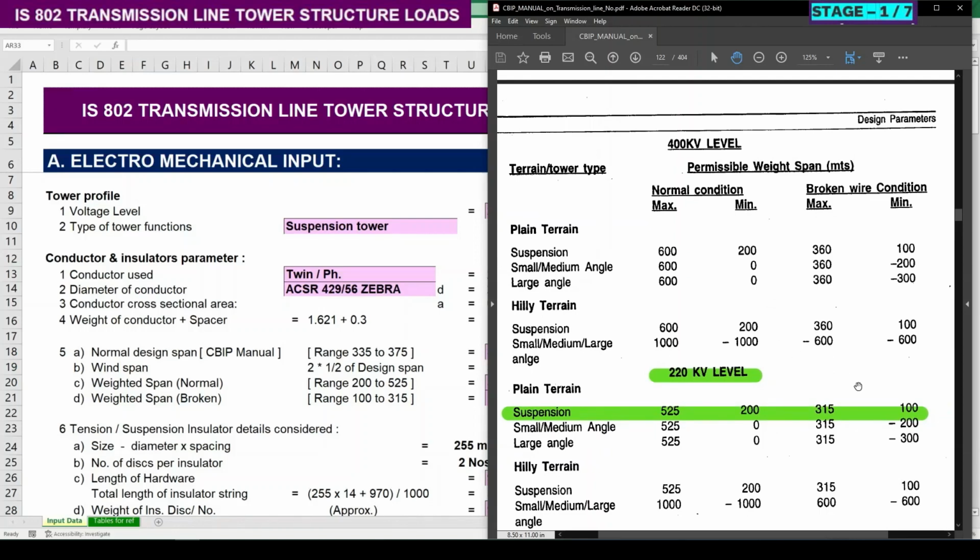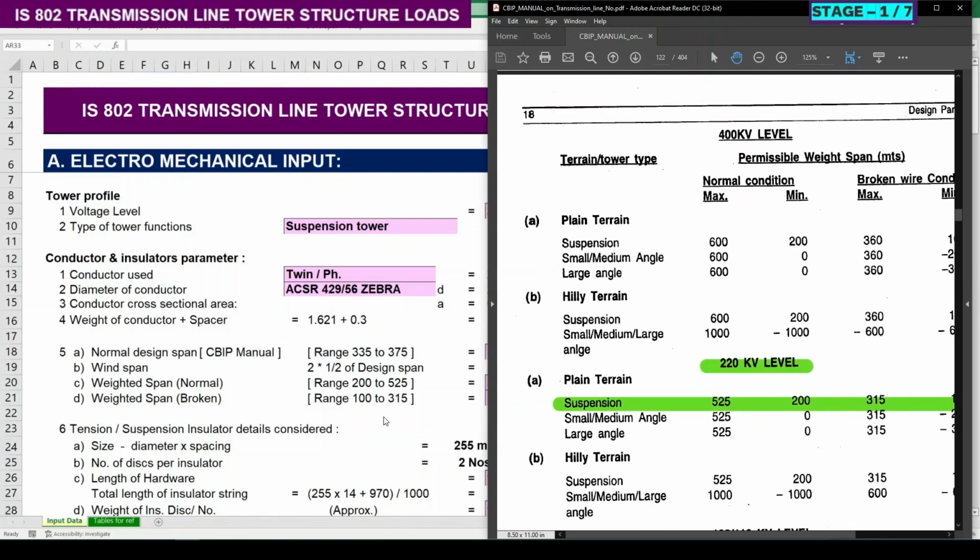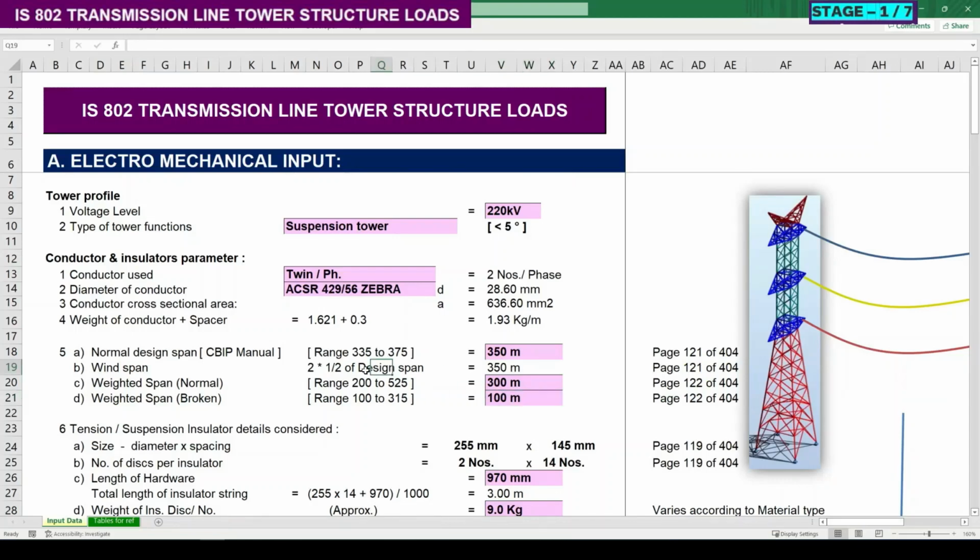Similarly for broken wire condition it is mentioned 100 to 315 meter. So you can see here. Once after selecting the voltage level, you can see the ranges, which are as per the CBIP manual, displayed here.